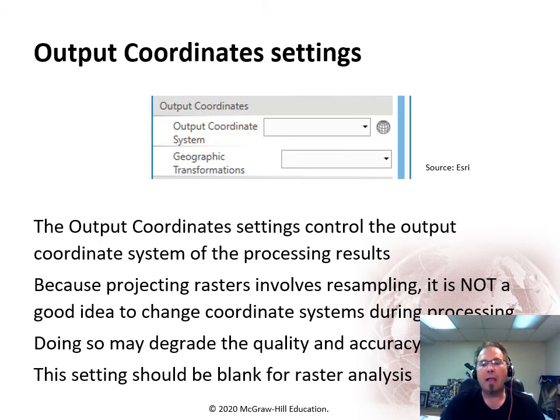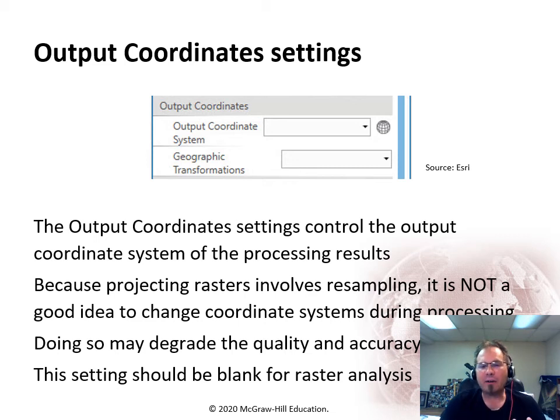If I have a DEM that's in UTM zone 15N, I'm going to use that because I know the bulk of my data is going to be derived from my DEM, my hillshade, my slope, and all that. Everything's going to be derived from my DEM. I would set this to what my DEM is. So it's not changing anything. It's just ensuring that all of the data is in the same exact coordinate system.